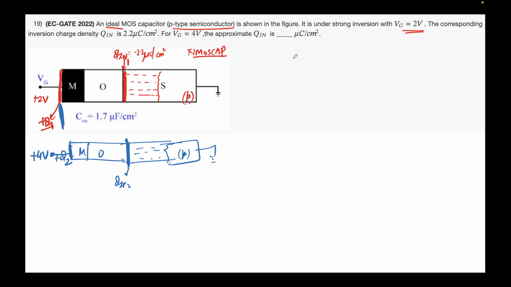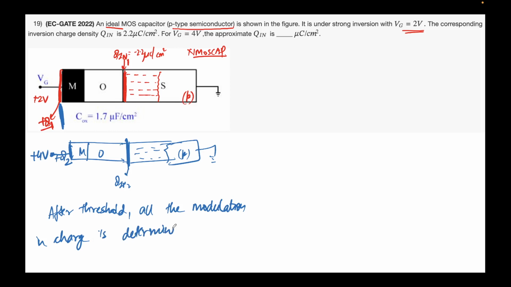What you need to understand is, after the threshold has been reached, all the increase in charge is driven only by this capacitance Cox. Correct? We have seen that. I'll repeat that: after threshold, all the modulation in charge is determined by Cox, because all depletion charge is not changing, it's the same for both of them.